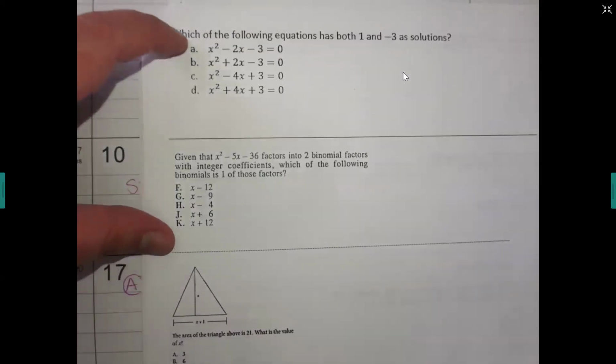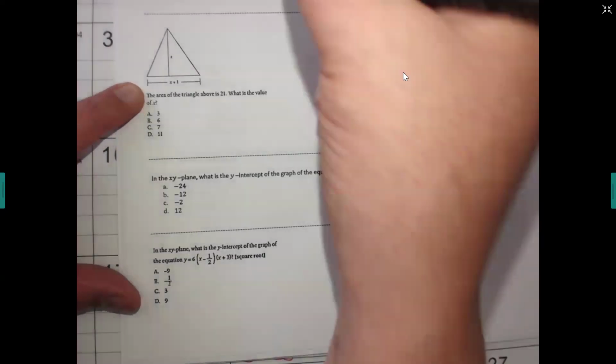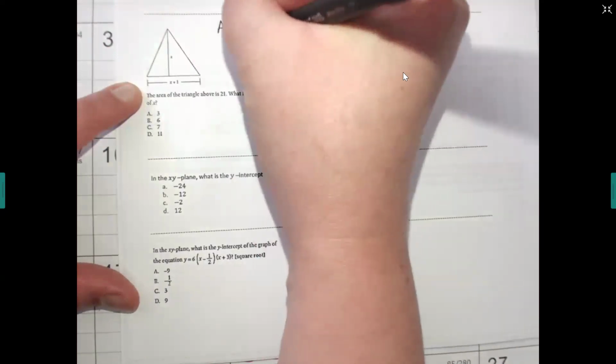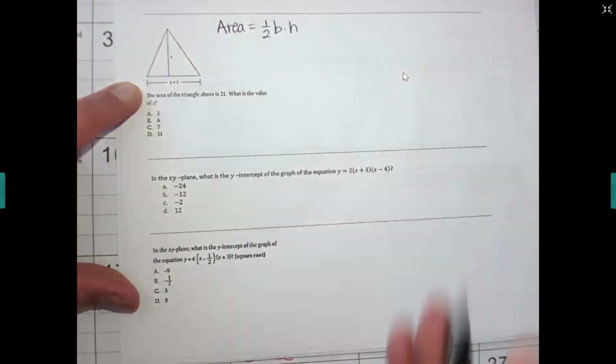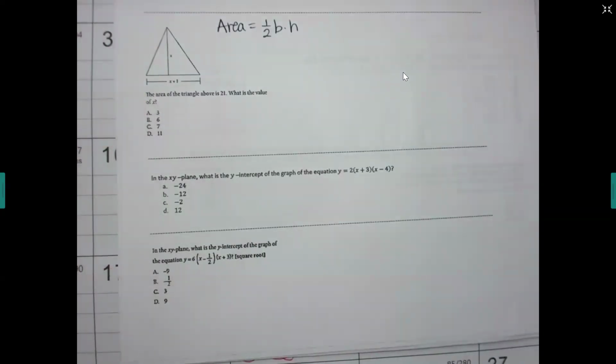These top two are almost the exact same. They just don't have a fraction, so they should be easier. Let's go down to this one. How do I find the area of a triangle? We covered this last class. 1/2 base times height. In this case, our base is x plus 1, and our height is x.